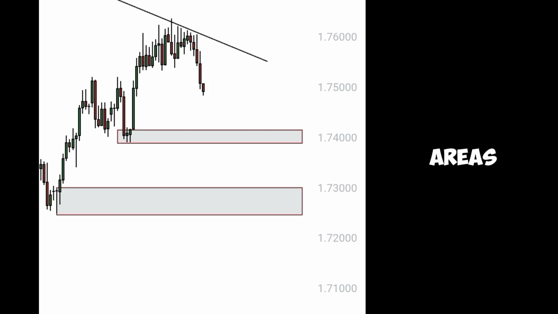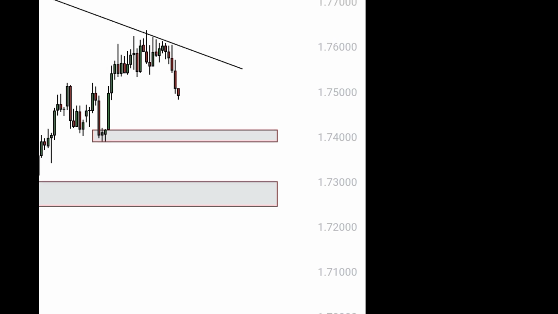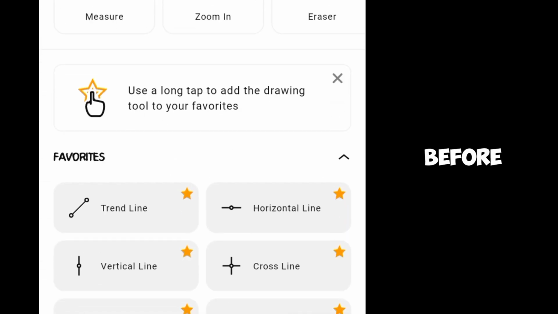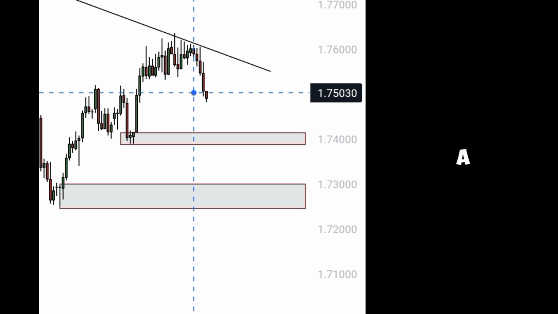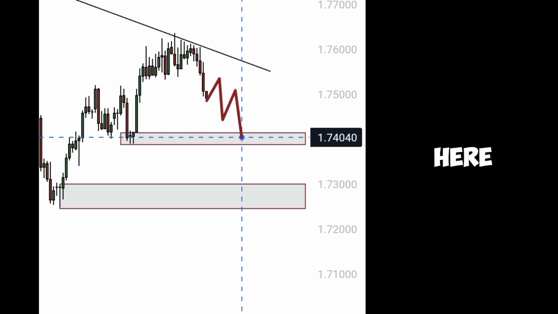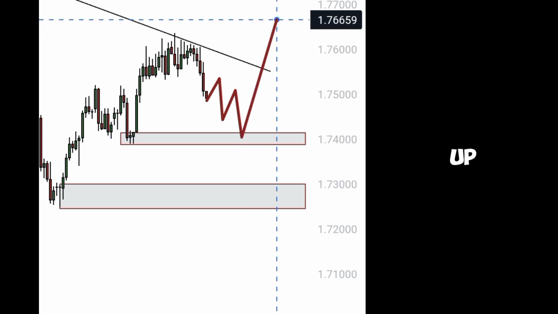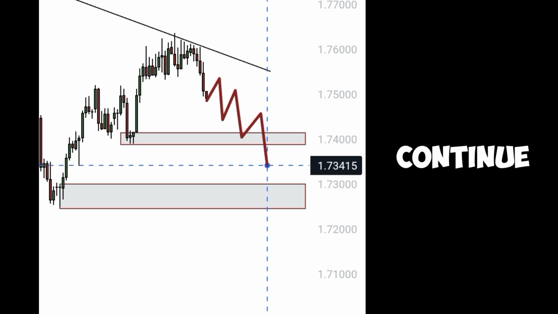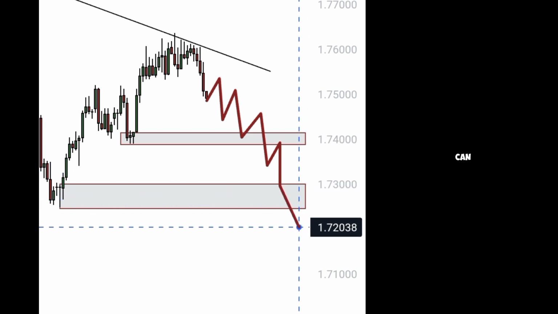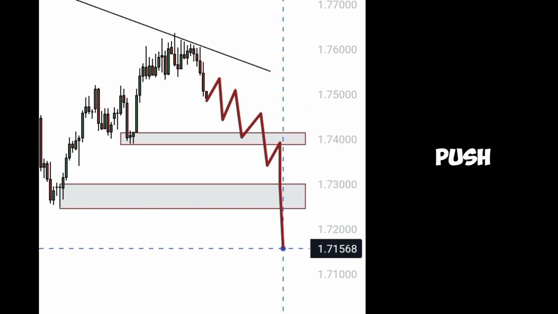If the market starts coming down, these are the areas where it has a tendency of getting into before people start making a decision whether to keep on buying. We can get down here and the market starts pushing up, or we can continue down here and the market starts pushing up, or we can still see a continuous push downwards.